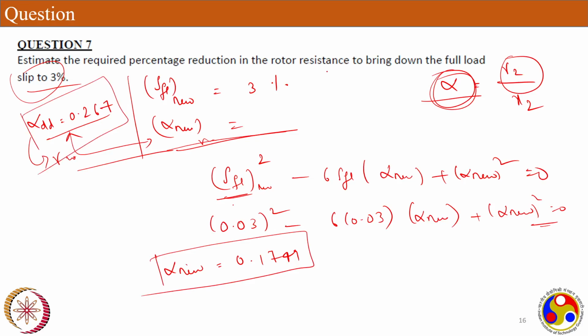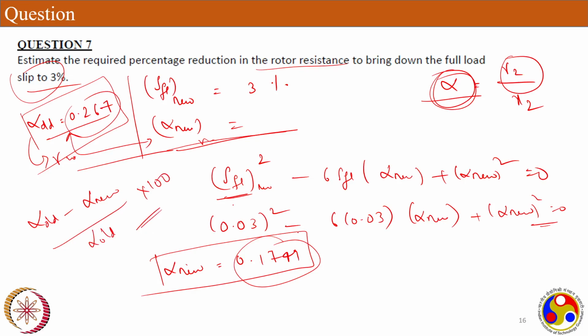You want to calculate the percentage reduction in the rotor resistance, which is analogous to the percentage reduction in alpha new. From 0.267 your alpha is reduced to 0.1749. Now the percentage reduction would be alpha old minus new, divided by old, multiplied by 100.